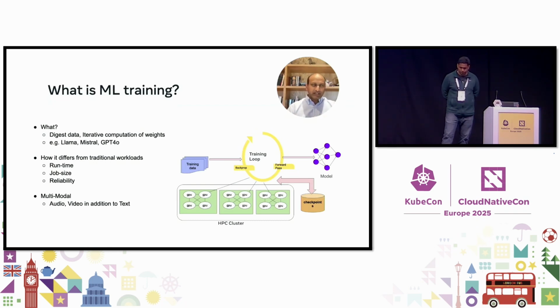This is quite different from traditional web services where each node is independent of the other, and if a particular node is unhealthy, you can retry the request on a different node and still satisfy the request, right? As you can see, given the lifetime of the job and the job size semantics, reliability becomes that much more important in the context of training workload infrastructure, right?